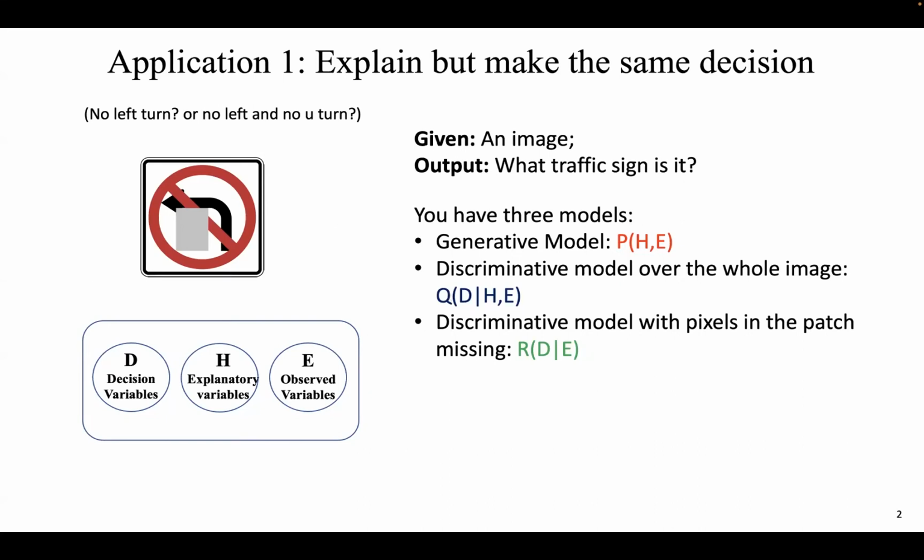And then you have a generative model, which I'm calling P, which is good at filling these patches, that is, finding an assignment of values to the variables H, given E. So H is the patch and E are the remaining pixels.